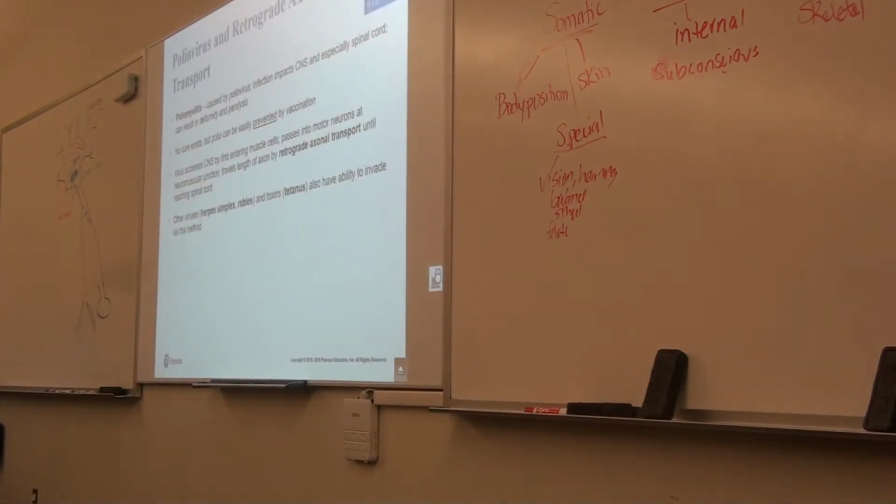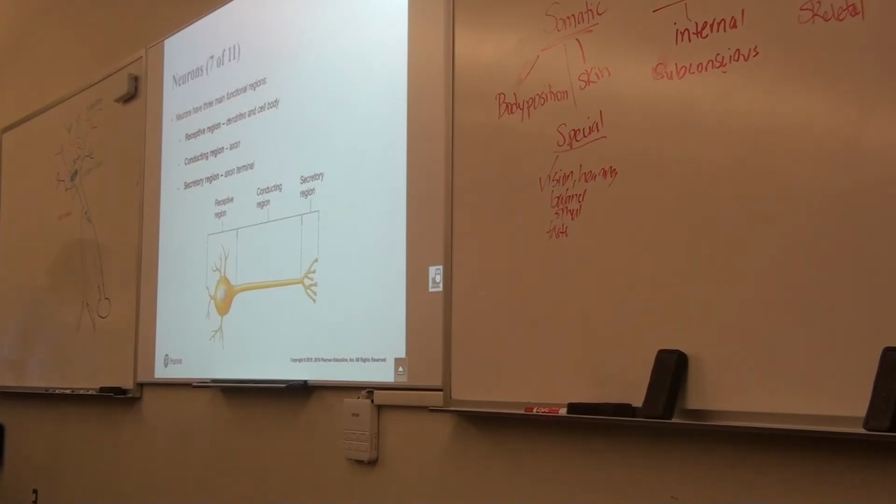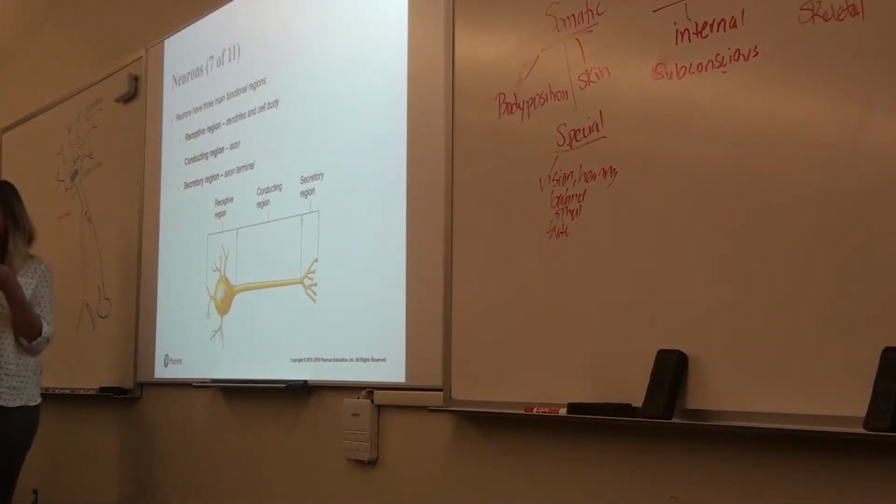All right. So our neurons have three major regions. A receptive region, that's the region that's going to respond to an impulse, or respond to a command from another cell. The conducting region, which is going to pass that signal on, and then the secretory region, the region that's secreting.